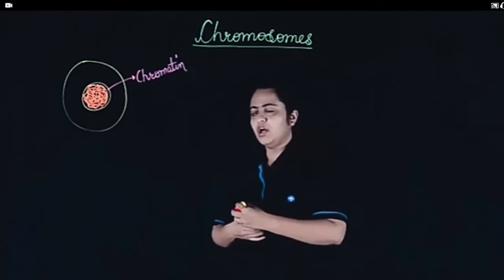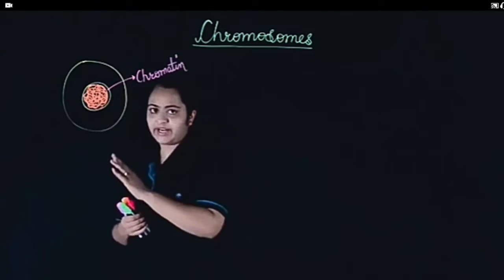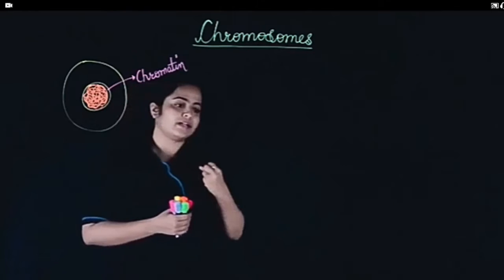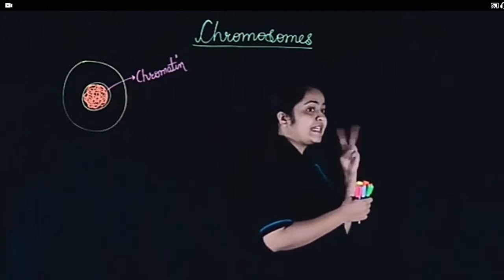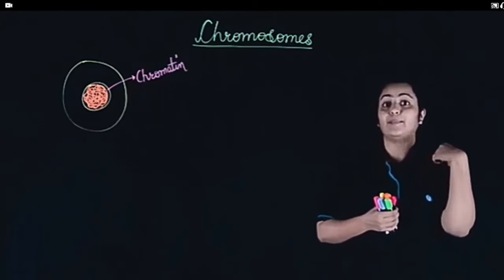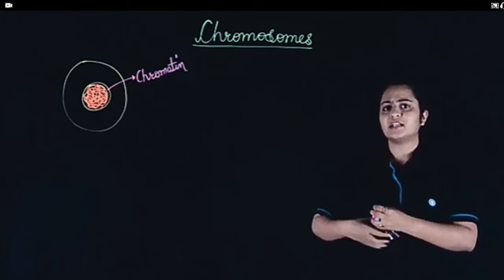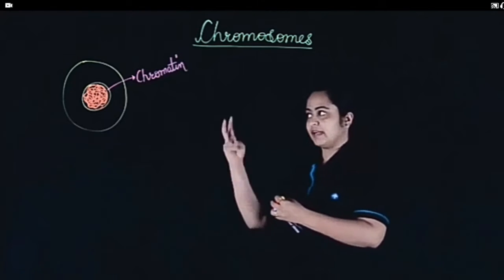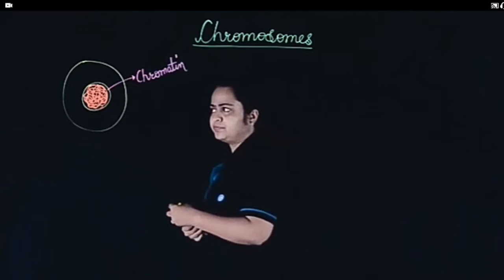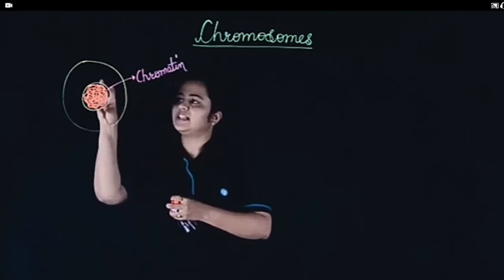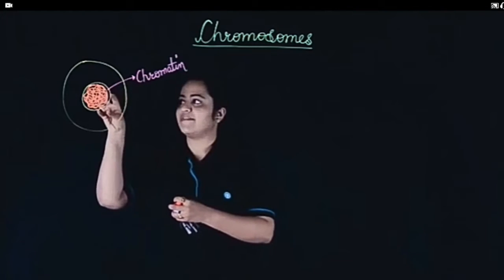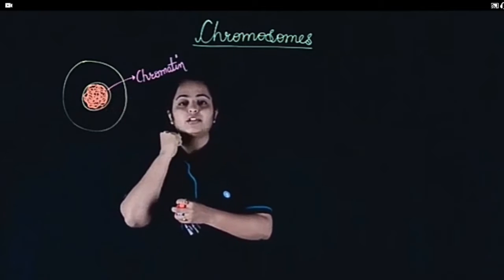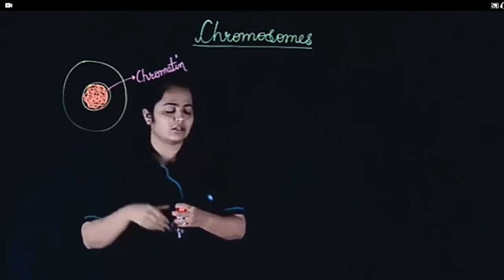But now when the cell has to divide, these chromatins, we all know, are present in a pair because we are all diploid organisms. Diploid means we have two sets of genes, one from mom, one from dad. That means this thread-like mess actually has its own homologous, its own sister concern also.